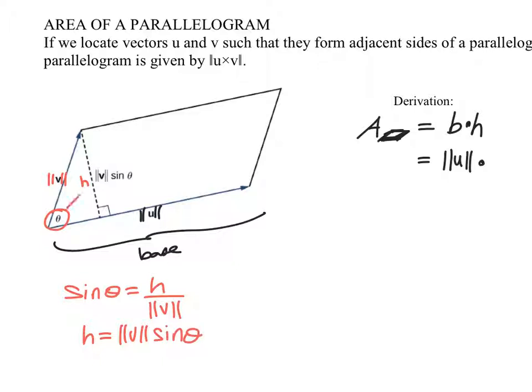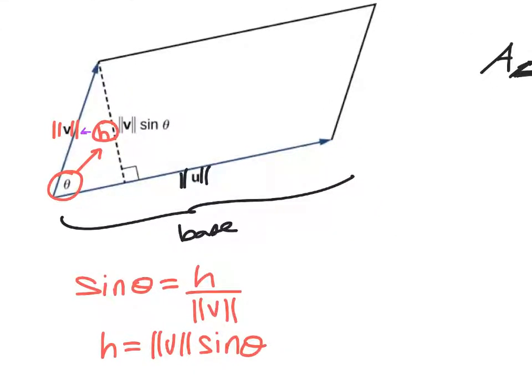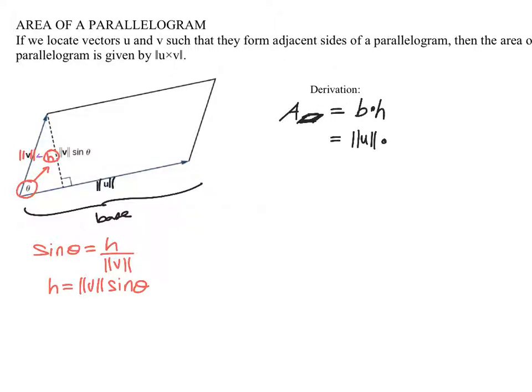All right, so opposite over hypotenuse. All right, and so that's where the v sine theta is coming from. Now if you chuck that into the formula for area of a parallelogram, you're looking at magnitude of v times the sine of theta being multiplied against the magnitude of u. So that is designated as the magnitude of the cross product of u and v.